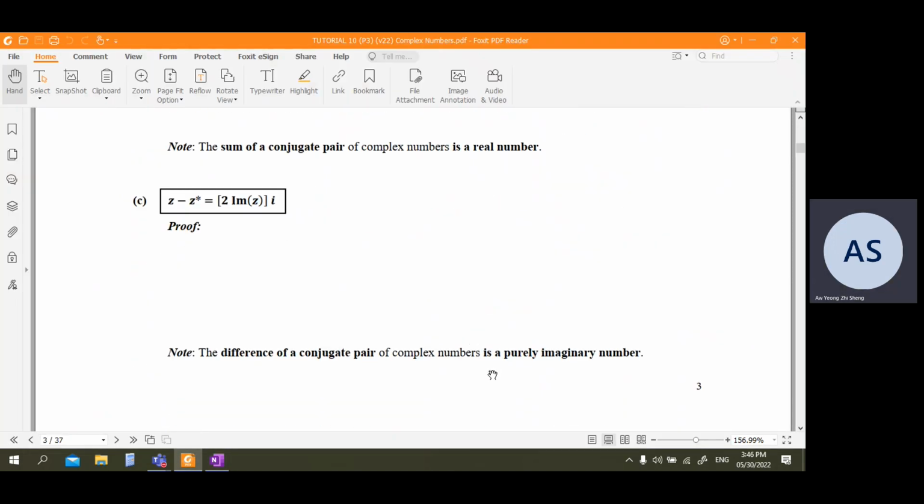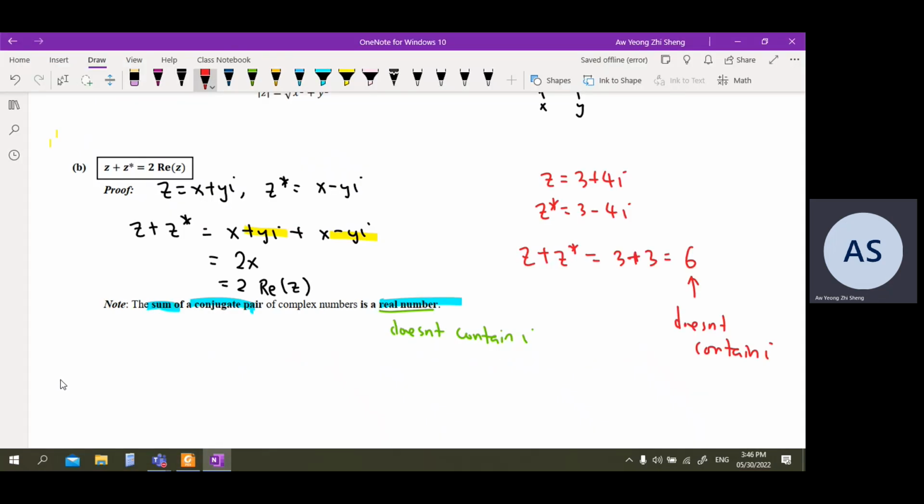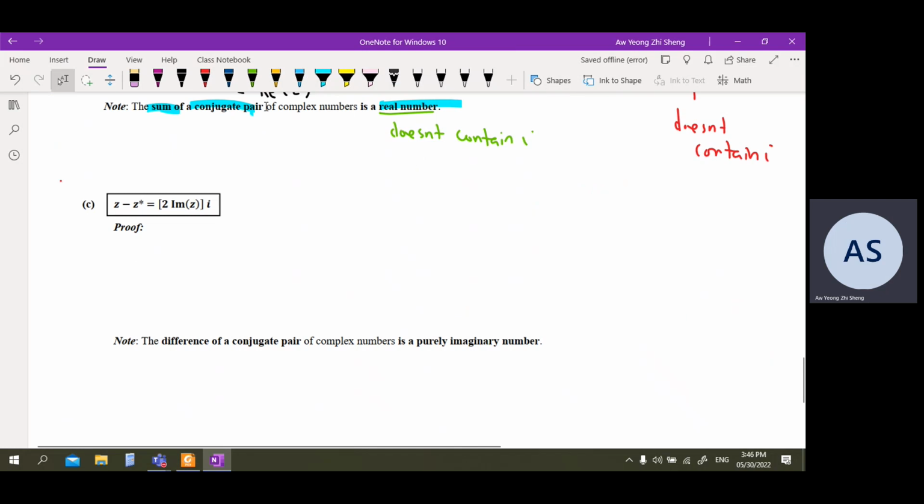Next, when you subtract a conjugate pair, when you take z minus z star, you will get a purely imaginary number, a number that only has the imaginary term, a complex number without the real term. So the proof is also very easy. If your z is x plus yi, then your z star must be x minus yi.